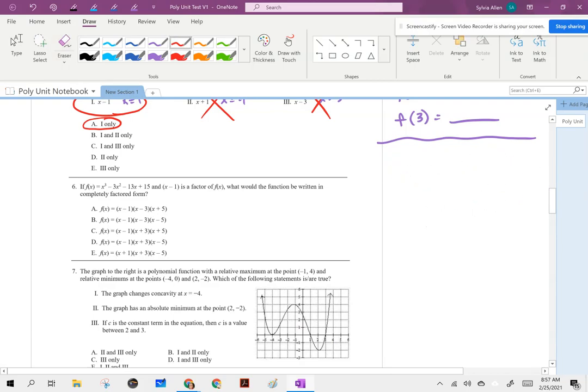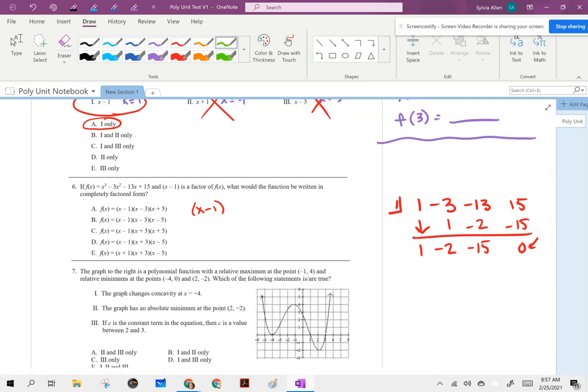We already know that when we synthetically divide by 1, our remainder is going to be a 0. So I'm just going to make sure that I'm doing my work correctly, which I am because I got 0, so that's good. So we know completely factored form is x minus 1 because that gave us a 0.